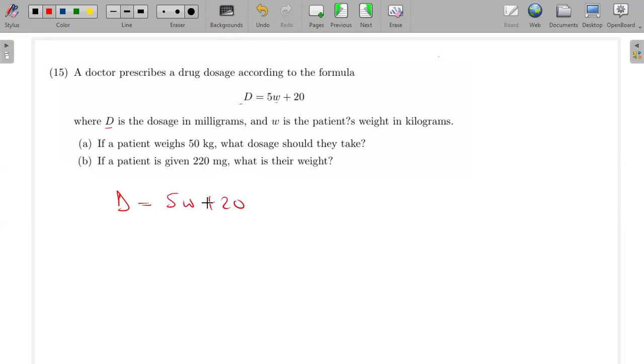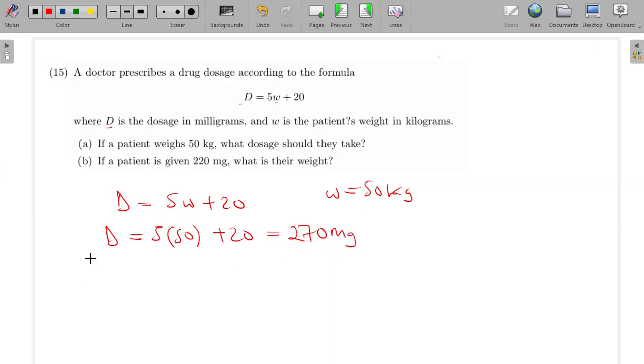W is for the weight, so the weight here is 50 kilograms. So D, I just plug in my weight, which is 50, then plus my 20, and when I multiply and add, I get 270. And this dosage is given in milligrams. So that's what I get.